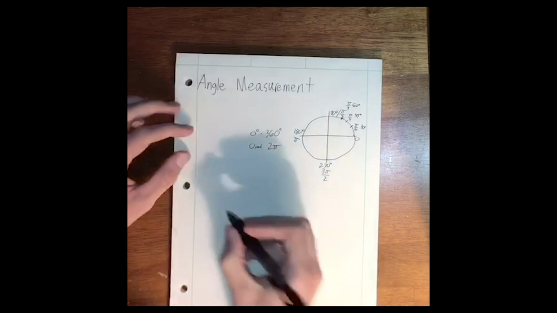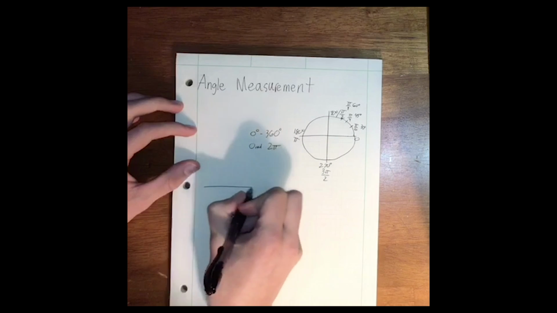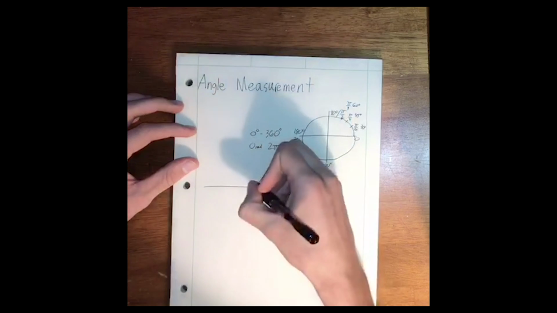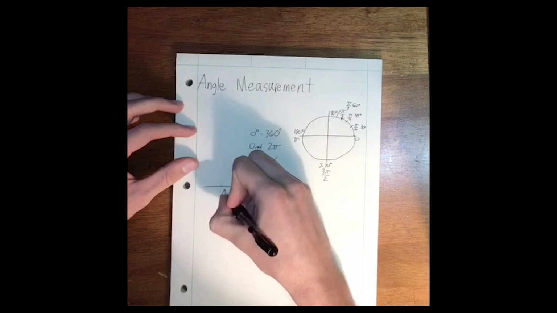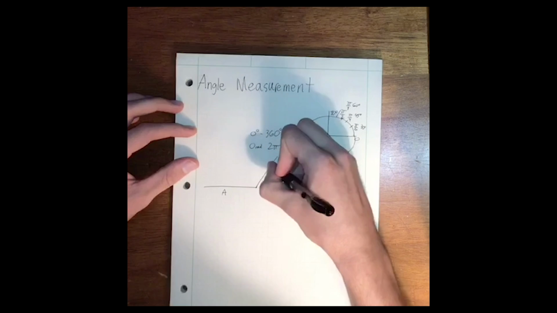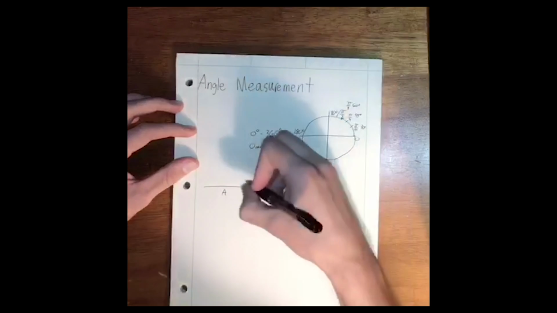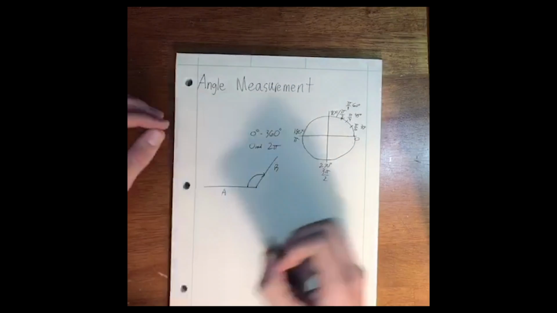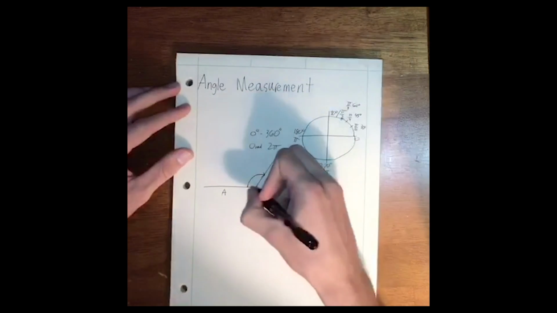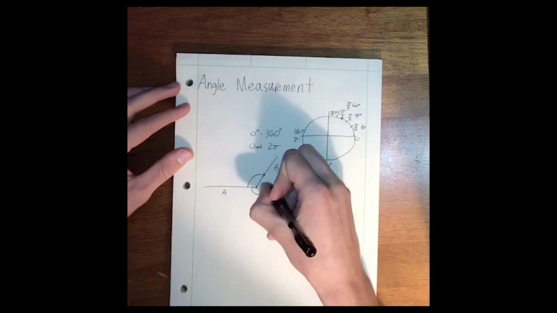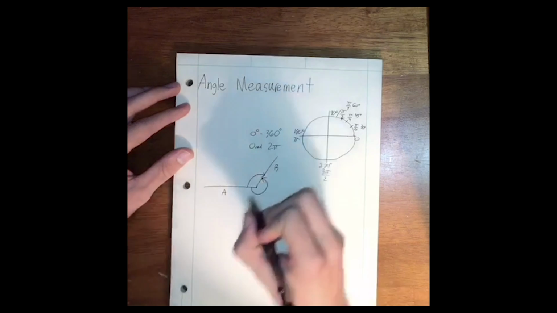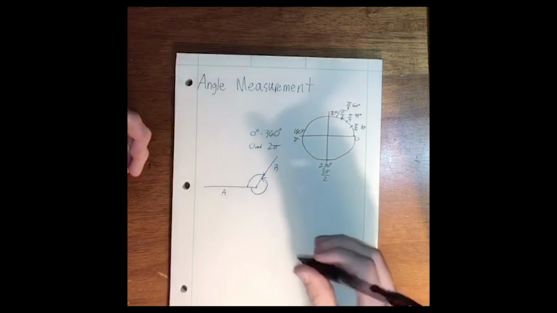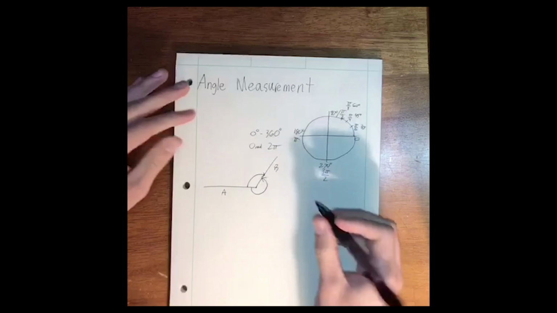Now, when you're measuring an angle, typically you'll have 2 rays. We can have A and B, and the angle between them will be like that. Now it can also be going around that side. And the angles don't always have to be positive, they can also be negative.